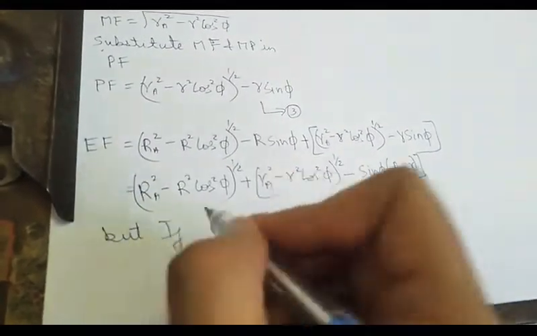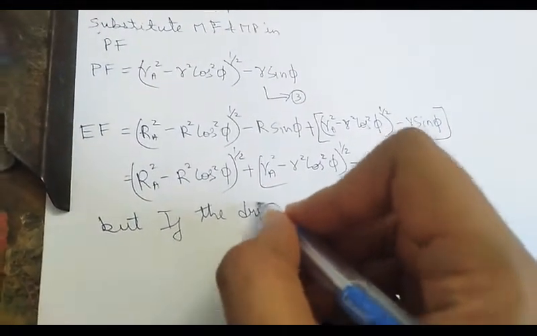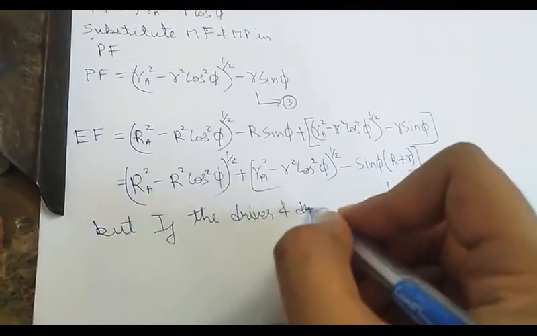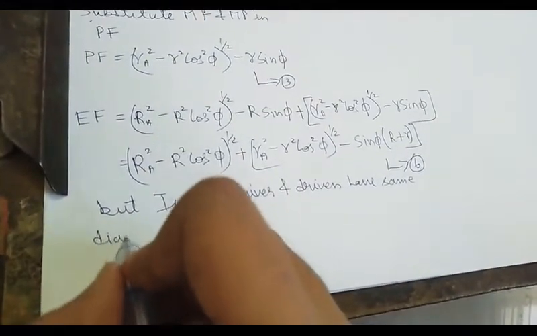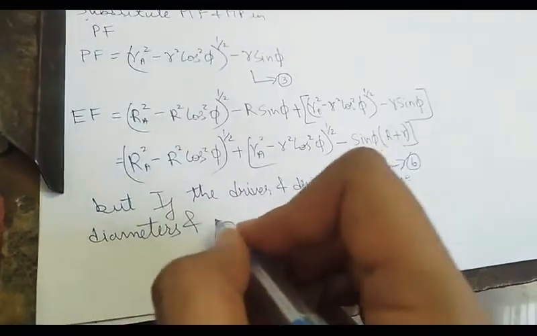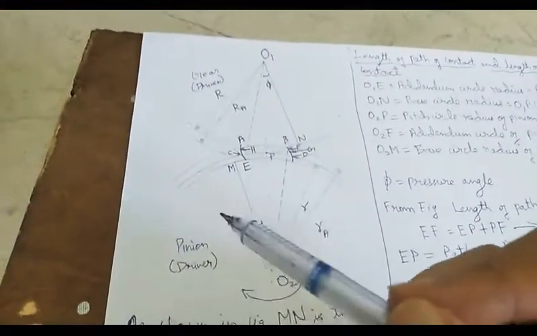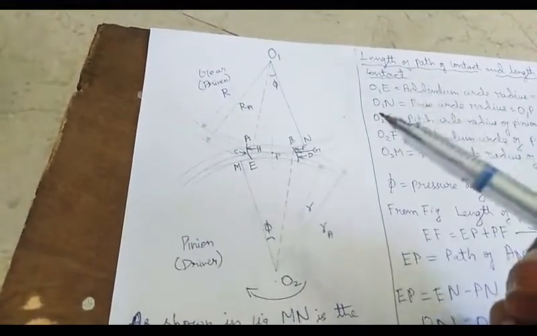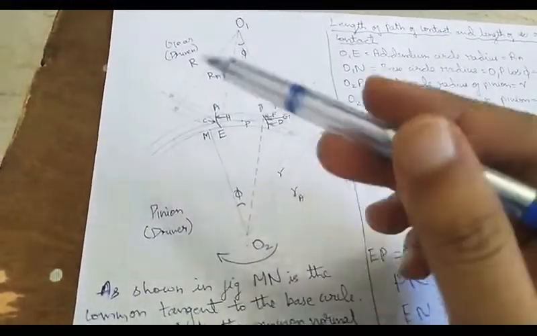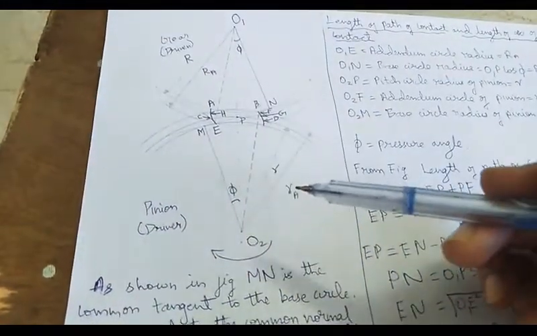But if the driver and driven have the same diameters and teeth, that is, both have the same pitch circle radius and the same number of teeth, then capital R becomes equal to small r, and capital RA becomes equal to small ra.